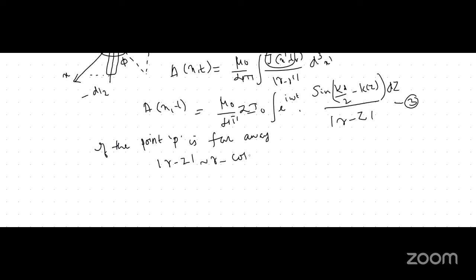That is, if the point P is far away, we will approximately get the value of r minus z equals r minus z cos theta, and in the denominator it is just r.